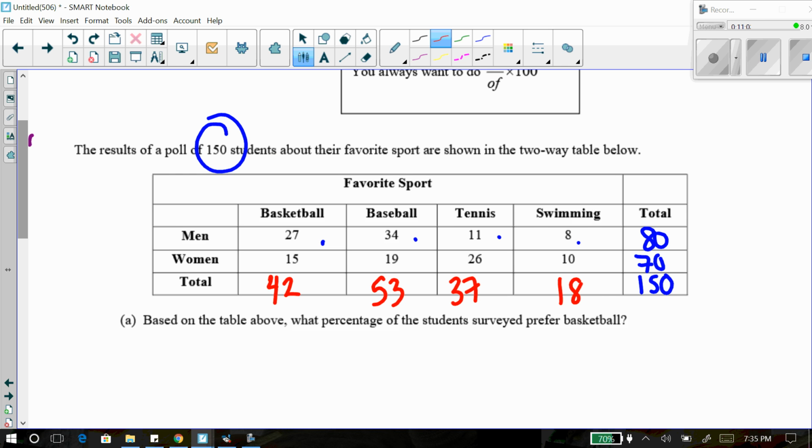What percentage of the students, so out of the whole 150 students, preferred basketball? 42 out of the 150 kids preferred basketball.